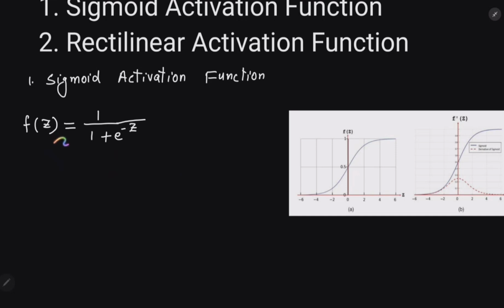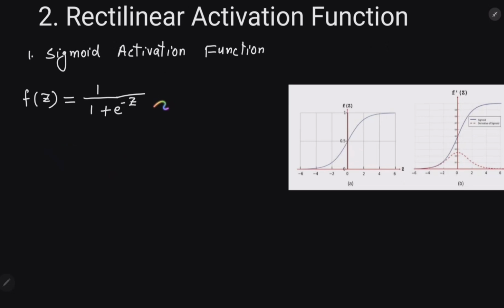One of the properties you may see over here is that this function can never be negative. Since this is positive, and a positive will be added to a positive value, we get at the end a positive value. But the question is, what will be the lowest and what will be the maximum value it can attain?